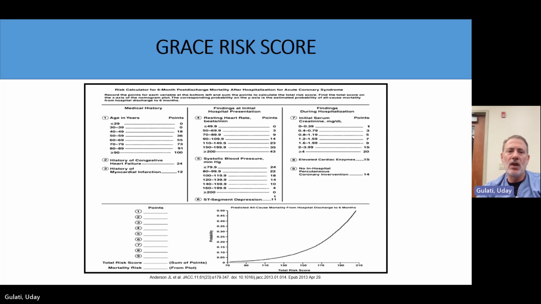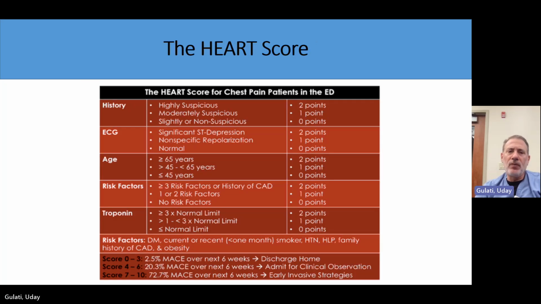Now, the heart score, and there are now modified heart scores, also somewhat similar, based on history, ECG, age, risk factors, troponin, and the higher the score, the higher the risk of MACE.